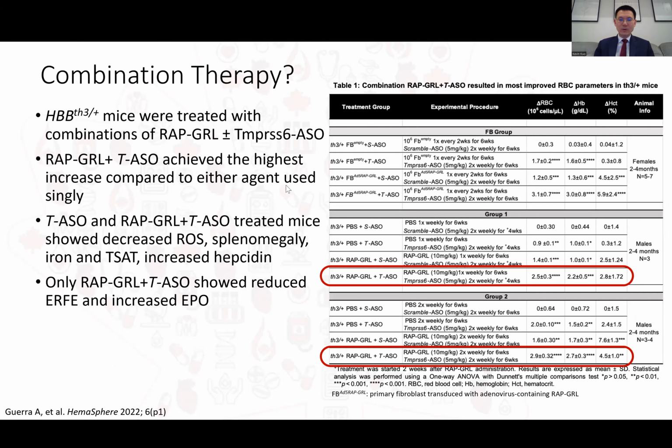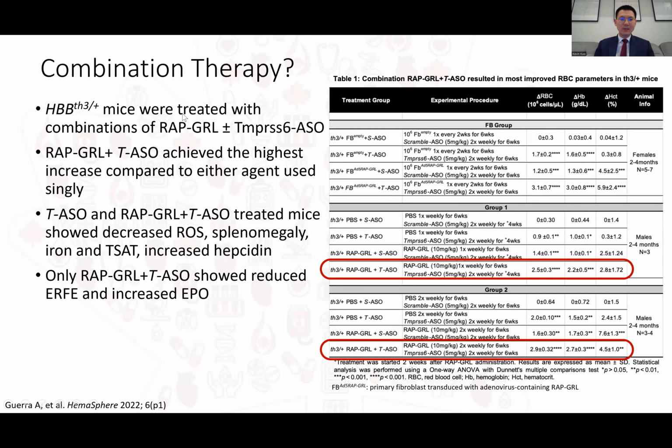So if one drug worked well, what about combination therapy? In this proof-of-concept experiment, Guerra et al. took beta thalassemic mice and treated them with either RAP-536, which is an analog of luspatercept, or with the TMPRSS6 antisense oligonucleotide, or the combination of both.